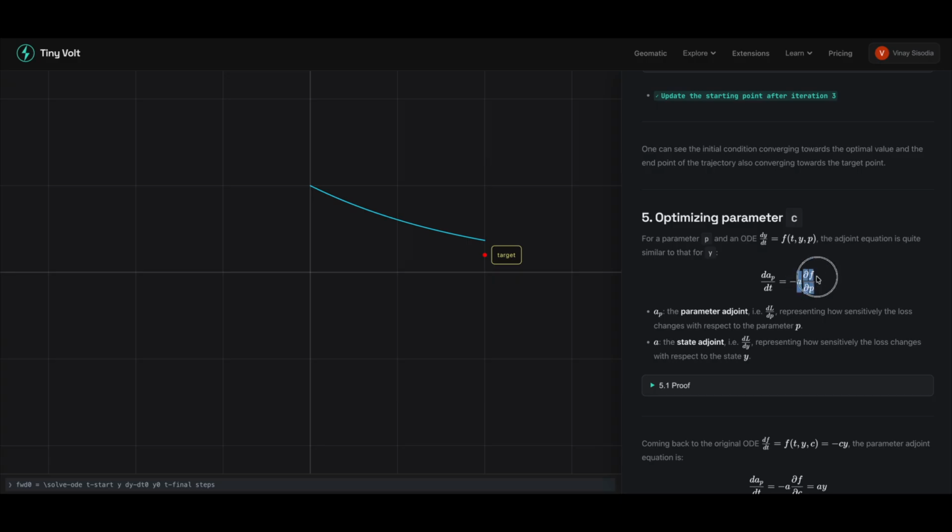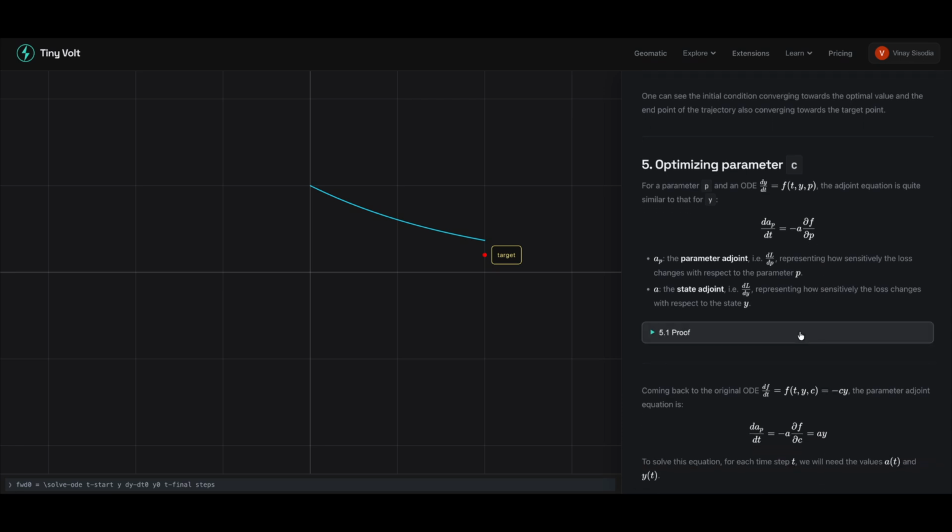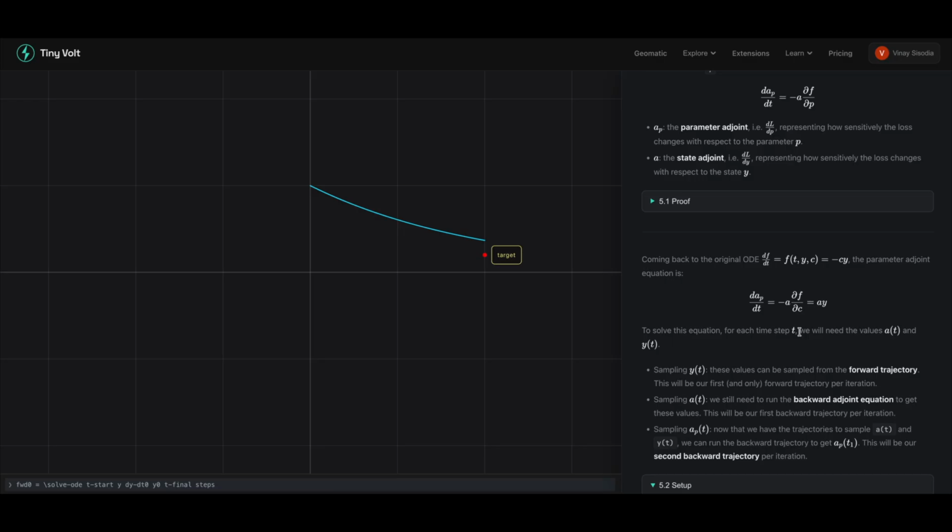And their matrix product has a shape of 1 times the dimension of p. So the shape checks out, and in this case I won't go through the derivation. It's a bit more complicated than the previous case, but I'll just go over the iterations quickly.